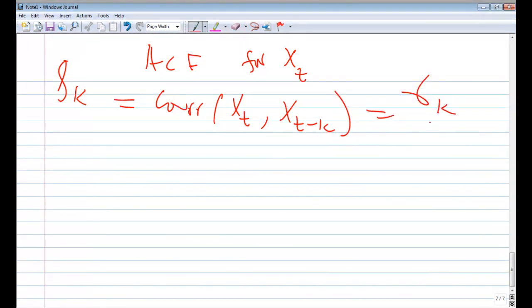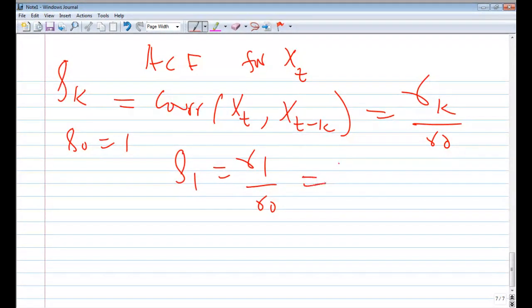Gamma k over gamma 0, isn't it? Now, if k is equal to 0, normally you know that rho 0 equals 1. If k equals 1, rho 1 equals gamma 1 over gamma 0. So what is gamma 1?